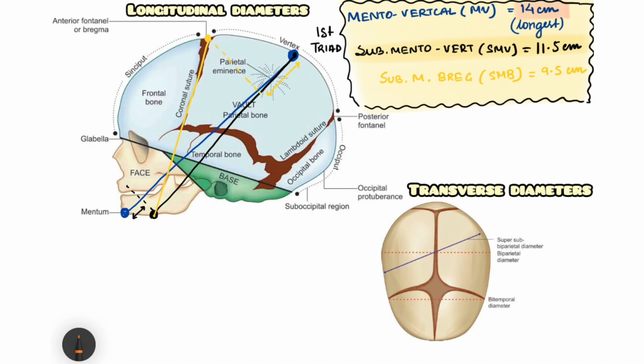We start our next triad from the occiput, which is over here, and we go from the occiput all the way to the frontal, which is over here. So occipito-frontal diameter. This will be the longest in this triad, so it will be 11.5. Now we will go to the subocciput, which is over here.